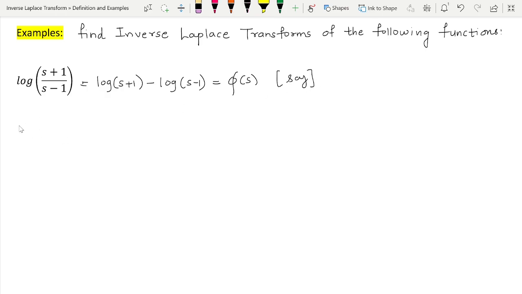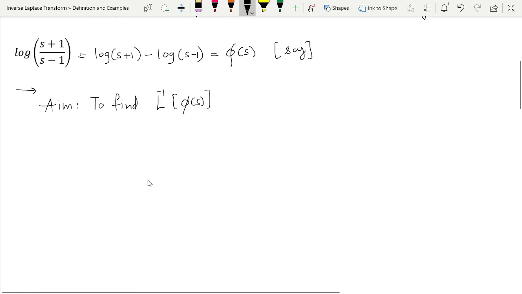And keep in mind what our aim is. Our ultimate aim is to find L inverse of phi of s. But in order to do it, we are going to find the L inverse of minus d by ds of phi of s, that is, we are going to use the property of derivatives.